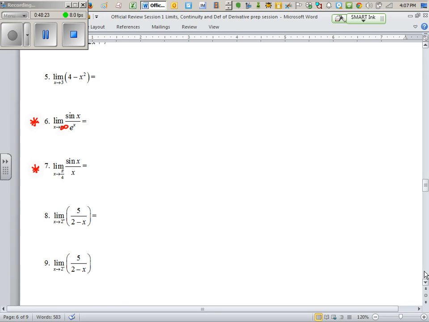So let me show you how you show your work on this. It's called the sandwich theorem. We know that sine x over e to the x is certainly less than or equal to 1 over e to the x. Why? Yeah, sine x cannot exceed 1.